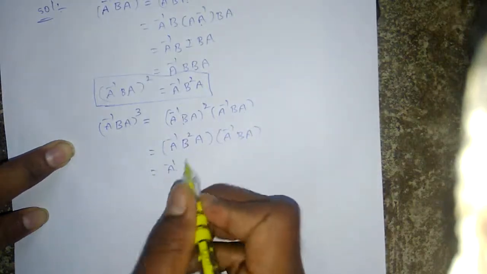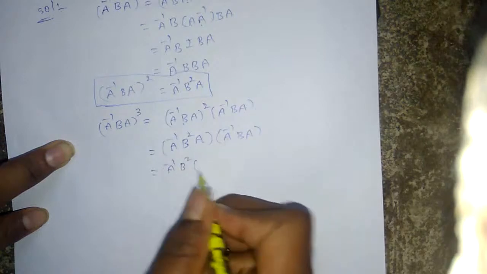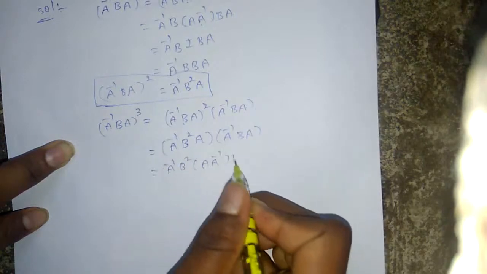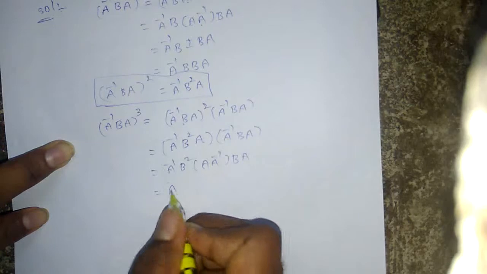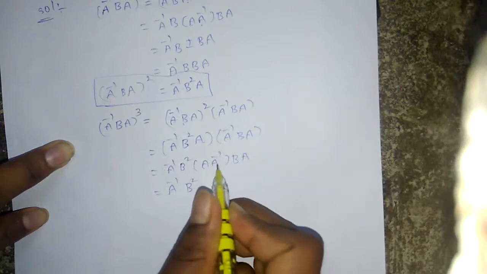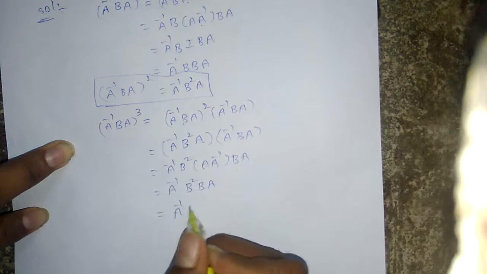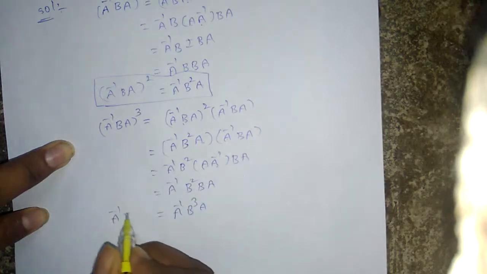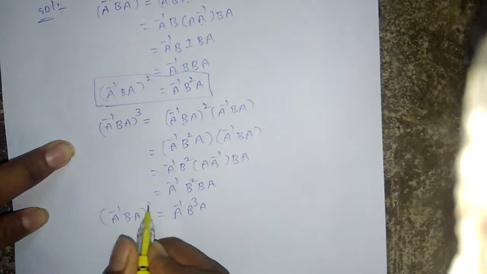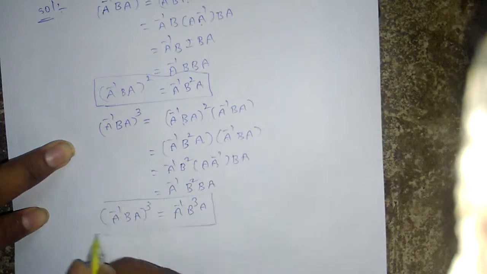Here A into A inverse is I, B square into B is B cube. So what we got? A inverse BA whole cube is equal to A inverse B cube A.